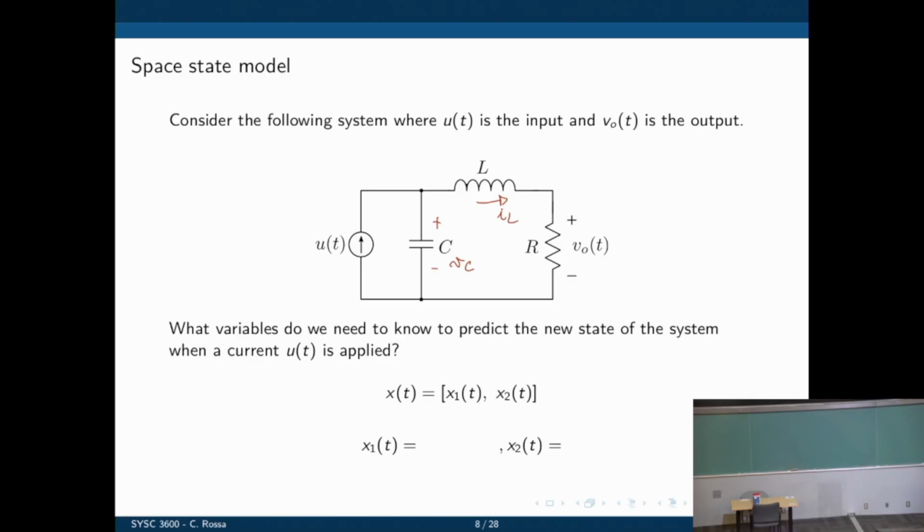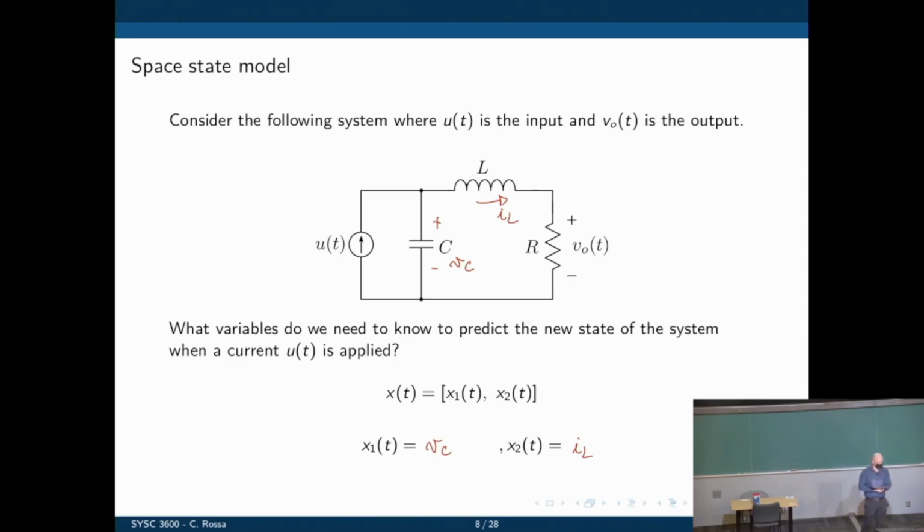Let me just check how I call these so I don't mess up my notation. Okay, so our first variable here can simply be VC, that is the voltage across the capacitor, and the second state variable can be the current in the inductor. And that's enough. Those are the two elements that can store energy.